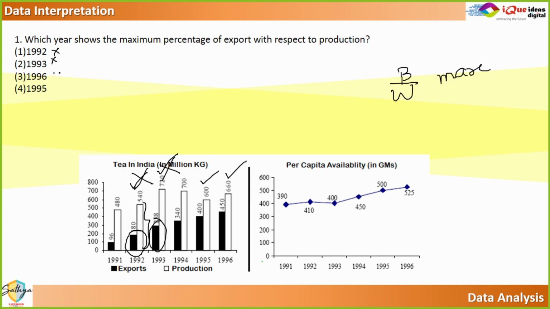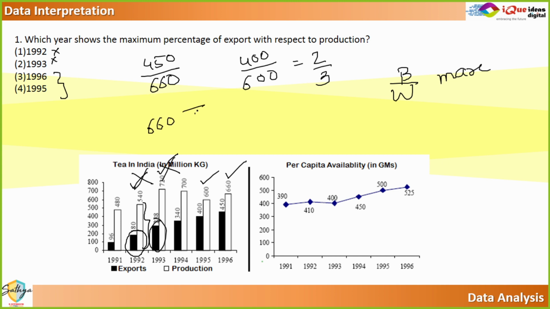Right? So between 96 and 95, in 96, it is 450 upon 660. And in 95, this is 400 divided by 600. So 400 divided by 600 would be 2 by 3. 660 को अगर 3 मानता तो जो 2 है वो 440 होना चाहिए था.